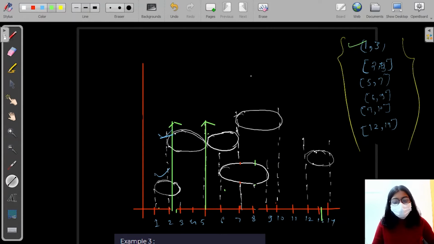All right, now is there any overlapping part between these three balloons? There is an overlapping part between this balloon and this balloon, that is this much of part, right? And between these two balloons, is there any overlapping part?